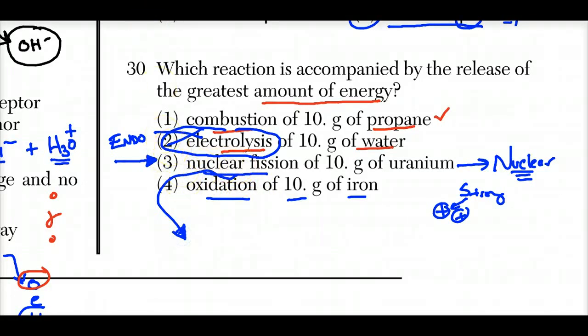So clearly the winner here is a nuclear reaction. Remember, the bomb dropped in Hiroshima. All the bombs dropped in World War II, conventional, okay, equaled the power of one bomb. So nuclear fission, okay, clearly gives off a lot more energy than any other chemical reaction. Chemical reactions, okay, not nearly the same type of energy. So number 3 is the answer for number 30.